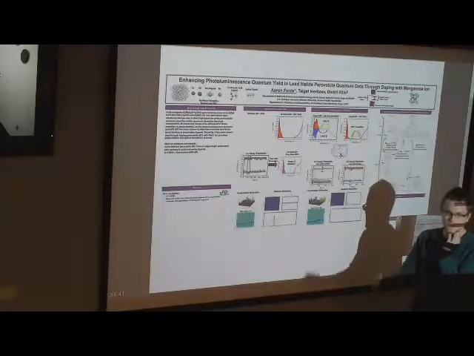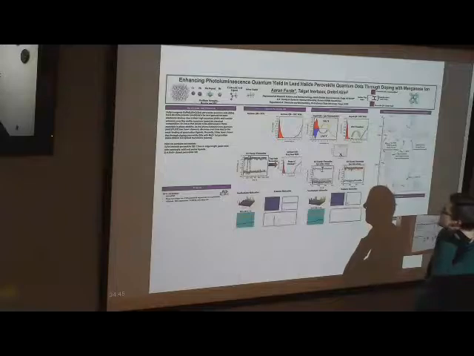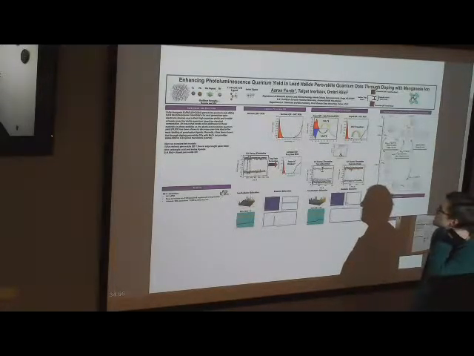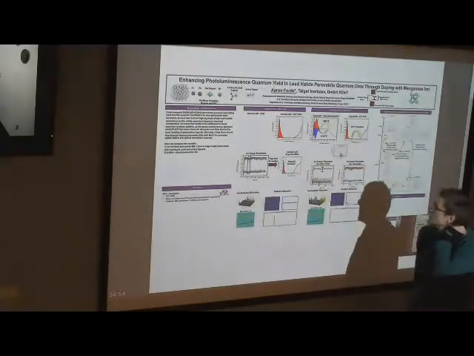So the lowest spin state will decrease the band gap just due to the splitting of the spin orbit coupling. So those were our ground state geometry optimizations for the quantum dots.